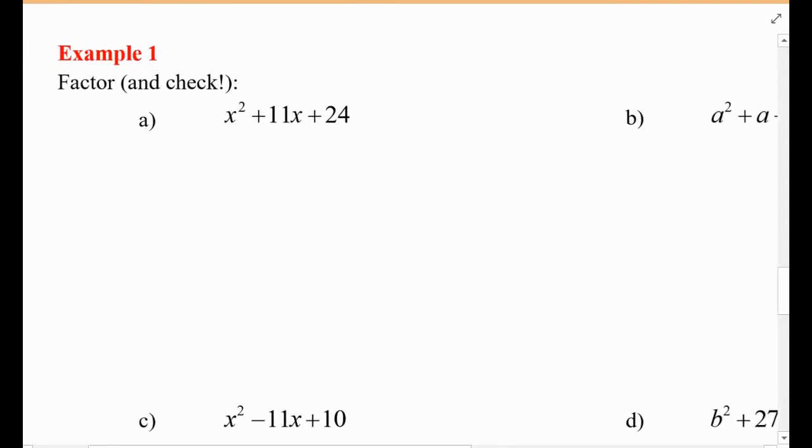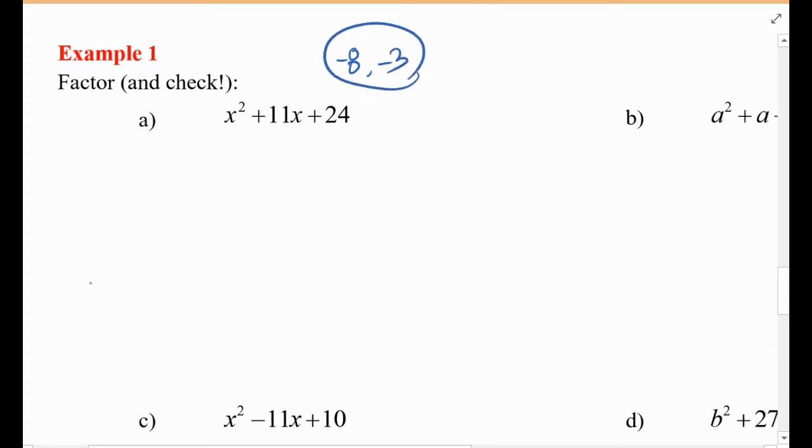Example 1. We're going to use the decomposition method again to solve this problem. So we're going to find the numbers that add up to 11 and multiply to 24. What numbers are they? Can I choose negative 8 and negative 3?